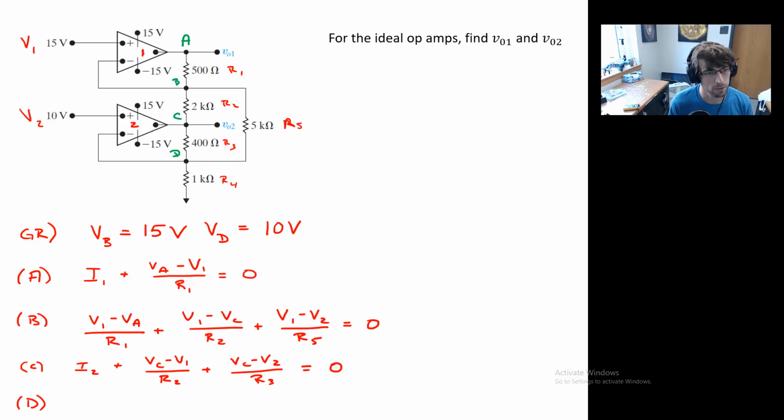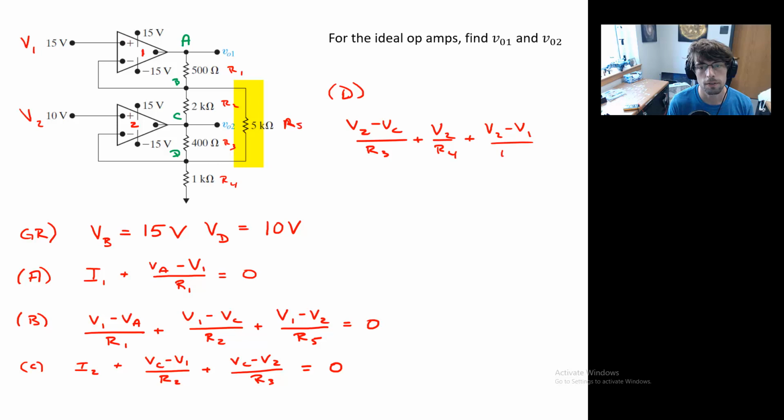Let's go up here to the upper corner because I've run out of space. So we have D as in dog. We have V2 minus VC over R3 plus V2 over R4 plus V2 minus V1 over R5. And that whole rigmarole equals 0.